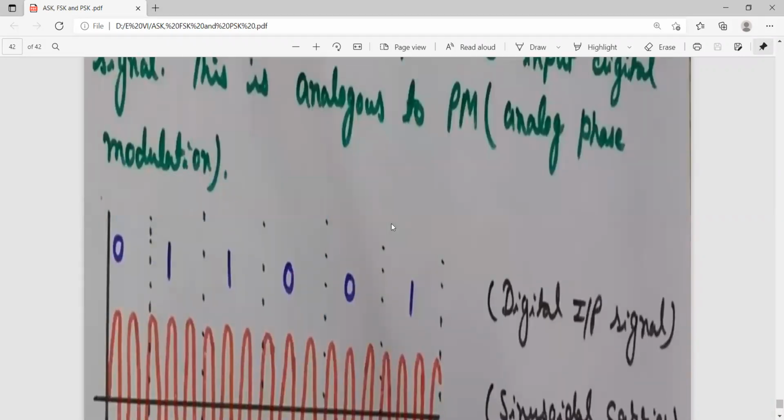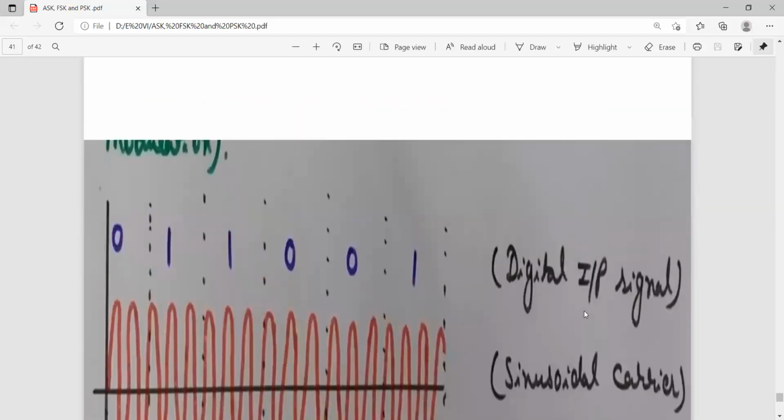So in this way, we discussed the three different types of digital modulation techniques. You have to write it in an easy and meaningful way in the exam about amplitude shift keying, frequency shift keying and phase shift keying. Very important topic, so you have to read it carefully.